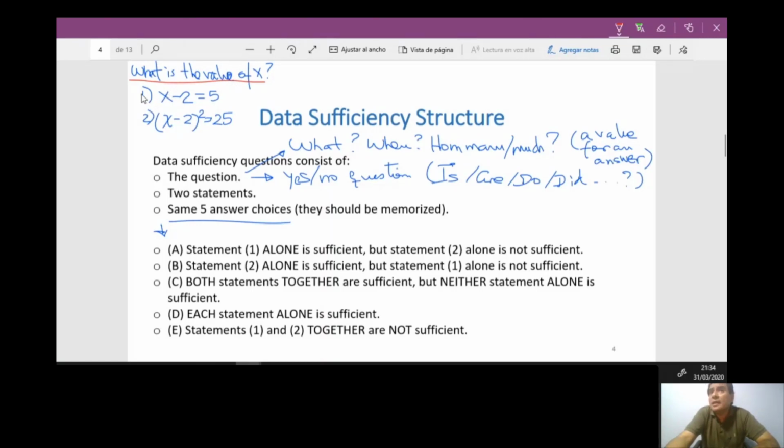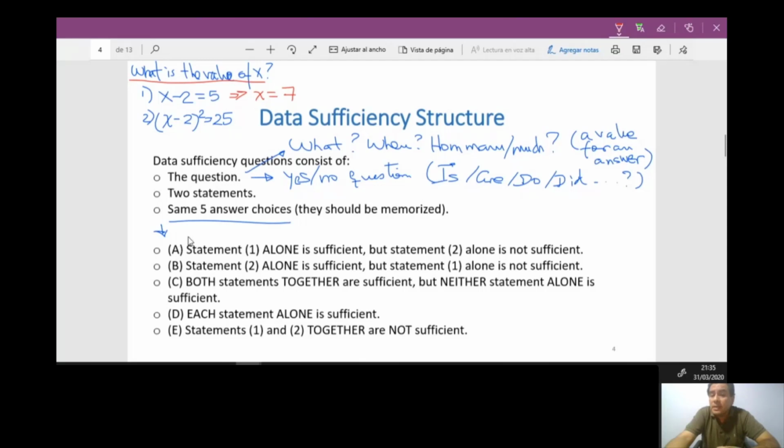So we go directly to statement 1. We read the statement, it says x minus 2 equals 5. From this, we learn that the value of x should be what? Anyone? 7. 7, thank you. There is only one possibility.